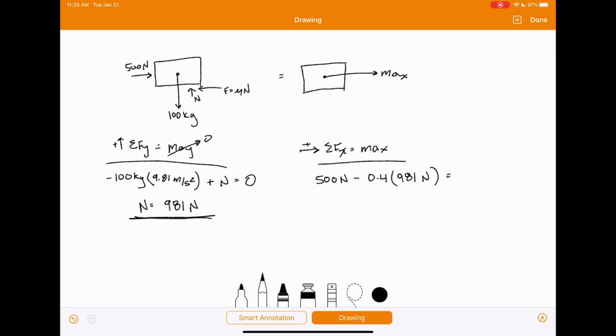And that's equal to our mass times acceleration in the x. We know our mass is 100 kilograms, times acceleration in the x direction. So then we can just solve this equation out for acceleration in the x direction. And when you do that, you'll get 1.076 meters per second squared.